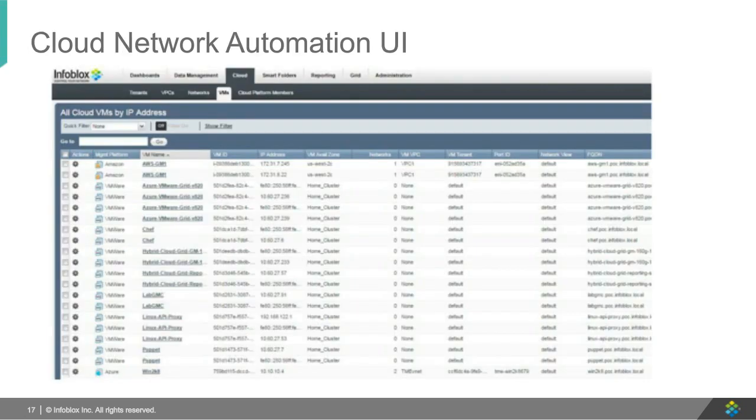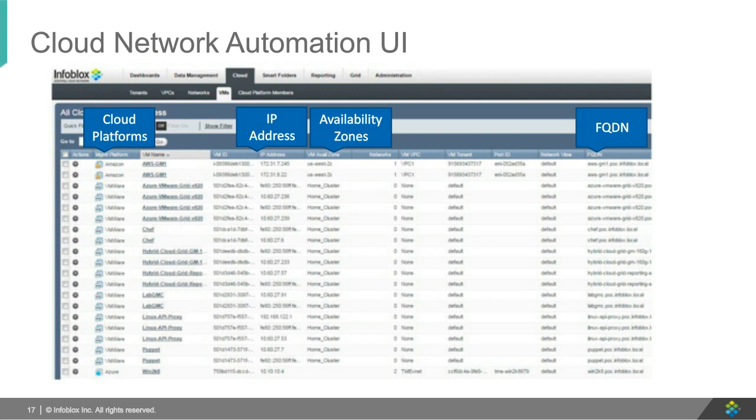Once you run the vDiscovery job, this is how you'll see the entire information about your different deployment models. So you'll see what cloud platform. This example shows, after running the vDiscovery job, network resources discovered from AWS, private clouds like VMware, and you have resources from Azure as well.